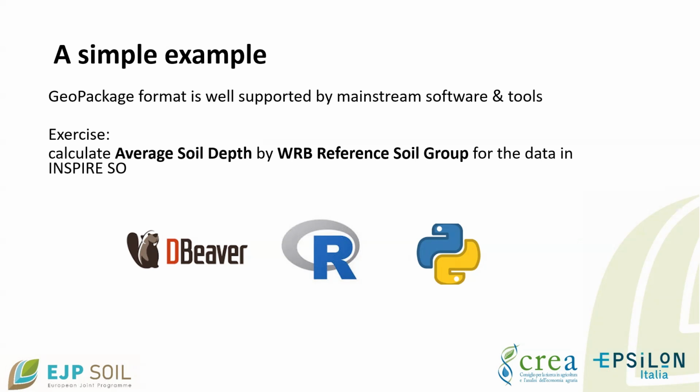Geopackage, we said, is a database container and can be handled as any other database. And today we will see how it is possible to calculate average soil depth by WRB reference soil group for the data contained in the INSPIRE-SOIL Geopackage, which is shared in the EJP soil GitHub.